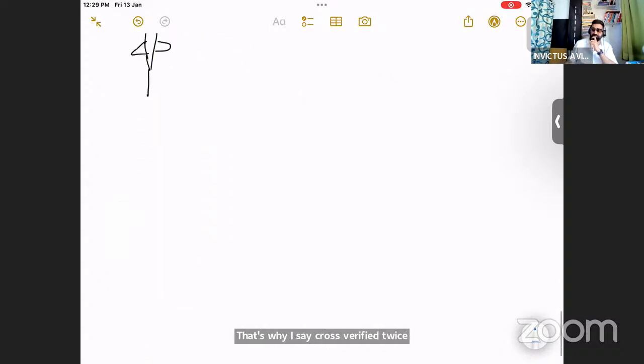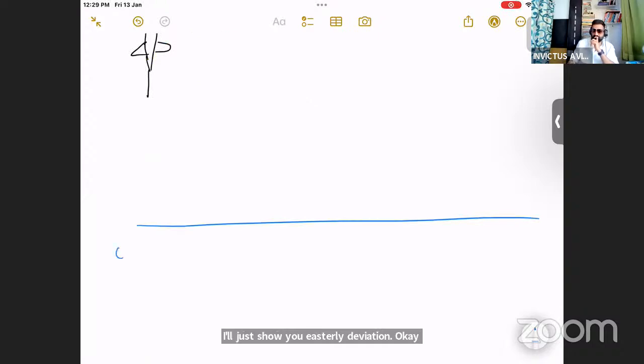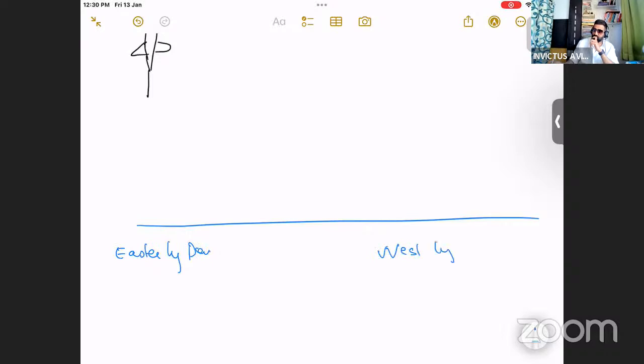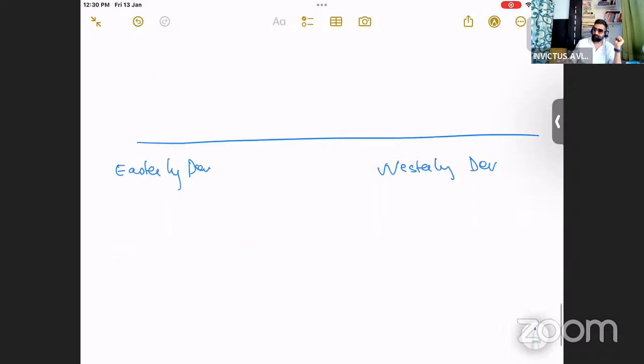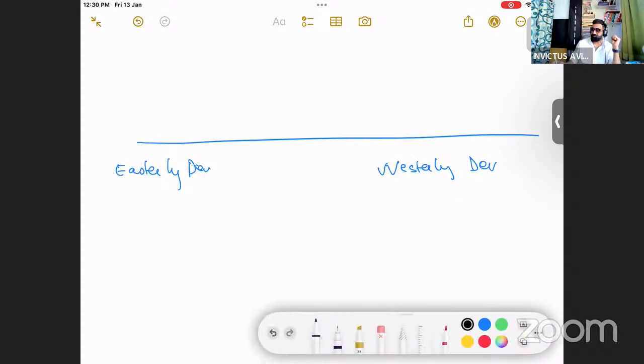So I'll just show you easterly and westerly deviation. What is the definition of easterly deviation? East is right. It means the compass north is on the right of magnetic north.